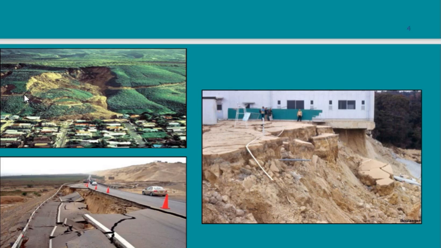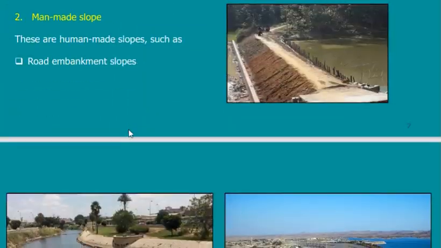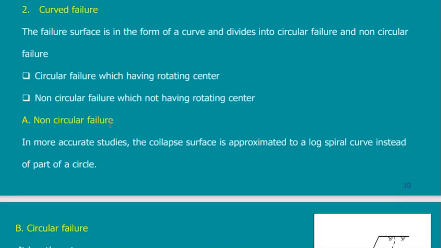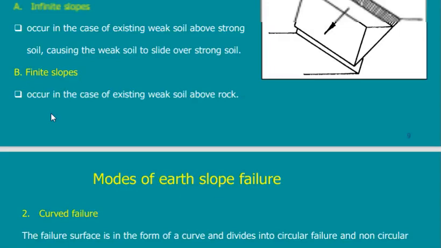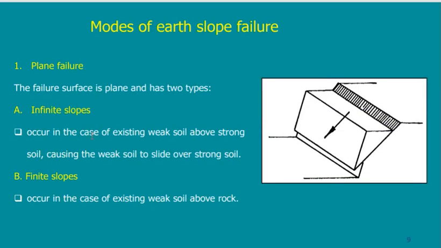This is a local failure or an infinite failure. So here in this case, it's either an infinite slope, which occurs in the case of existing weak soil above strong soil, causing the weak soil to slide over the strong soil, or a finite slope, which occurs in the case of existing weak soil above rock.